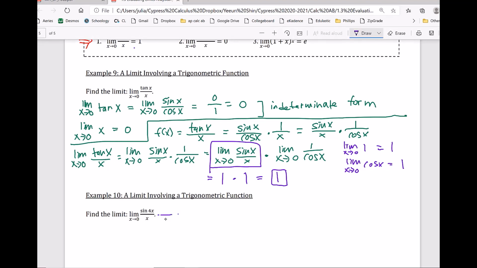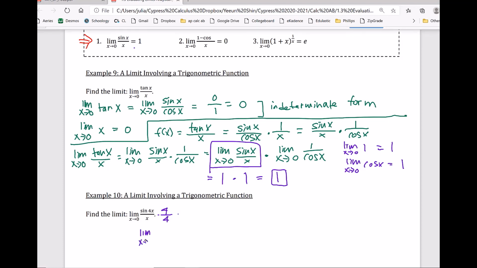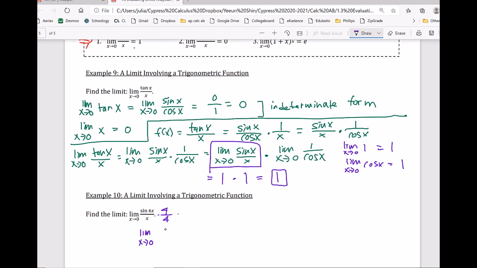Can I just multiply it by 1/4? No, but I can multiply it by 4 over 4. Can't I? Yeah. So what happens here? I can rewrite this as the limit as x approaches 0 of 4 times sine of 4x all over 4x.